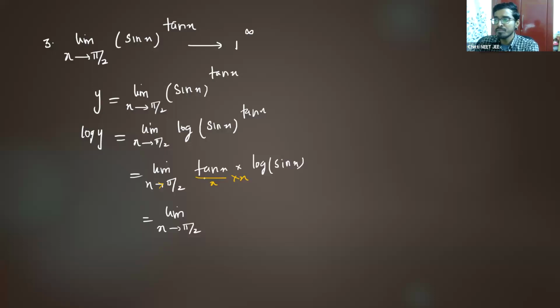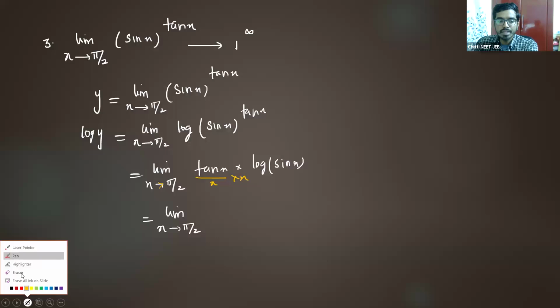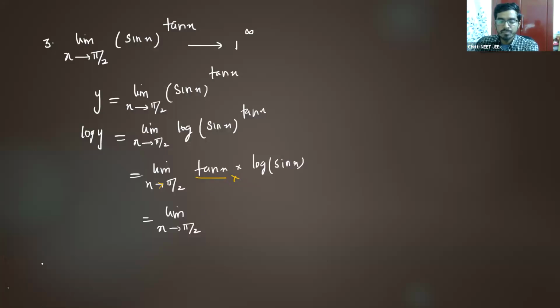So I can't apply the standard formula here. Is it clear? Tan f of x by f of x is 1 provided that f of x must tend to 0 as x tends to a. Your f of x is x, that is not tending to 0 when x is tending to pi by 2. So we will redo this, we should not use the standard formula.